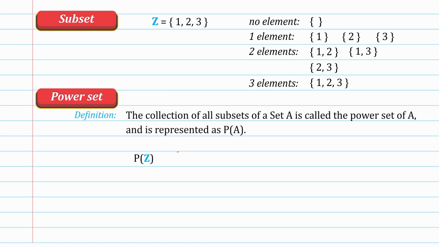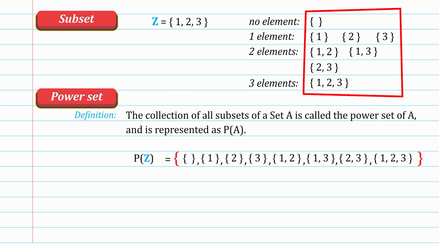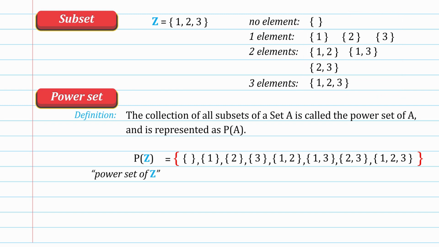Now, since power set is the collection of all the subsets of Z, then we write our 2 curly braces first, and then use the subsets, all of them, as the elements of this power set, as you can see here. So this is the power set of Z, the set of all subsets of set Z.